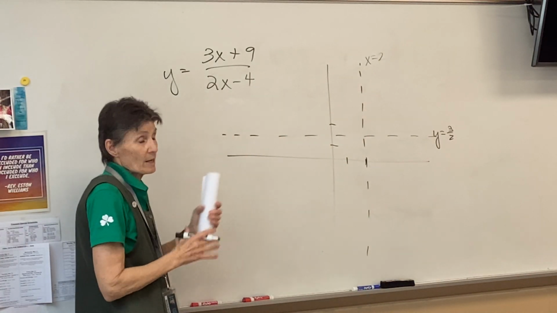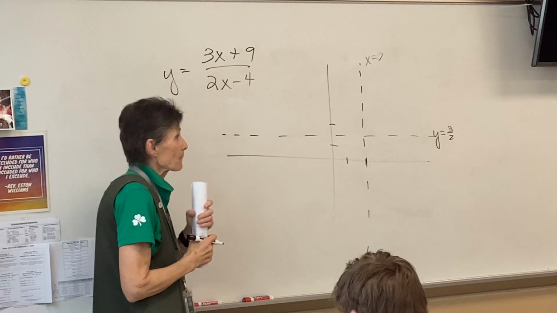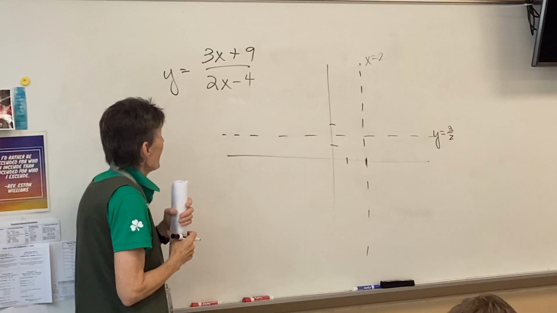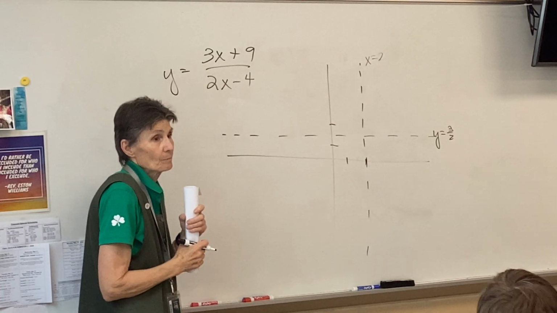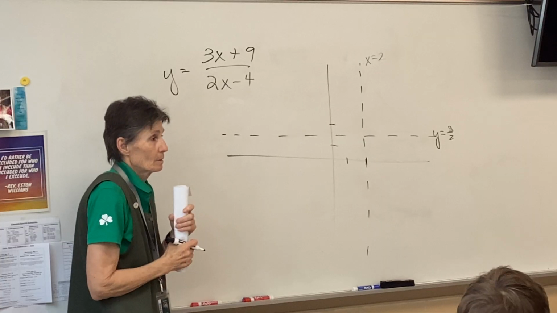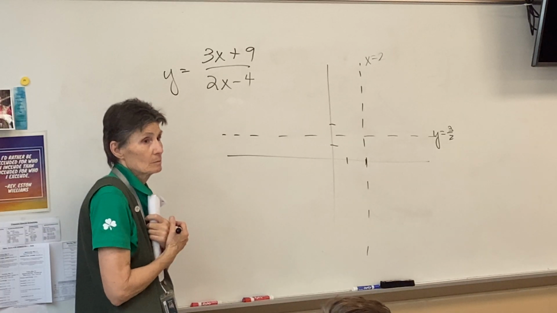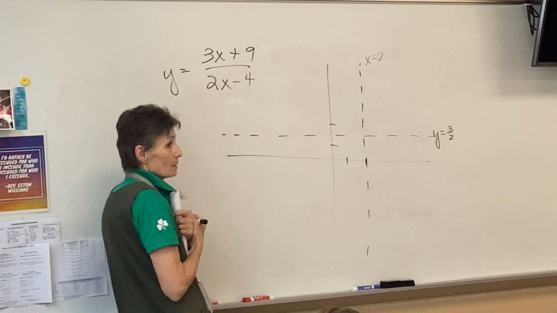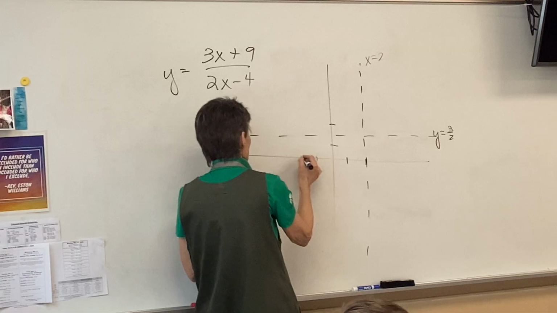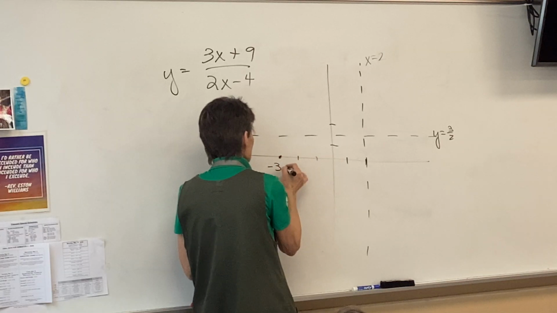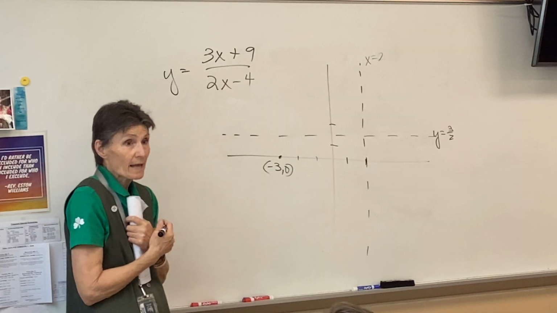What about holes? No holes, nothing cancels. What about intercepts? What happens if I plug in 0? -3 is my x-intercept because that's what makes a 0.